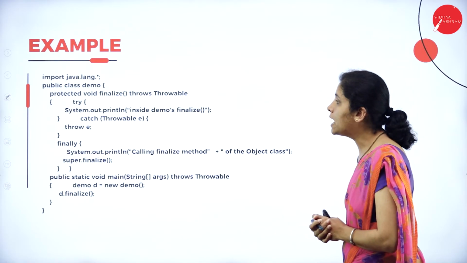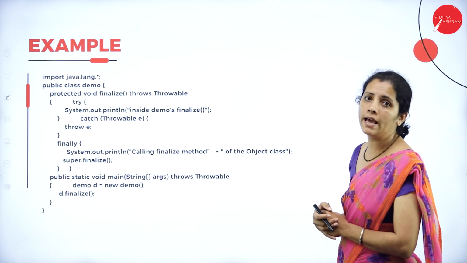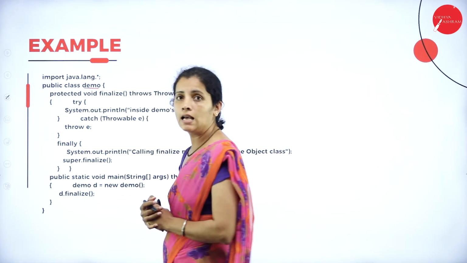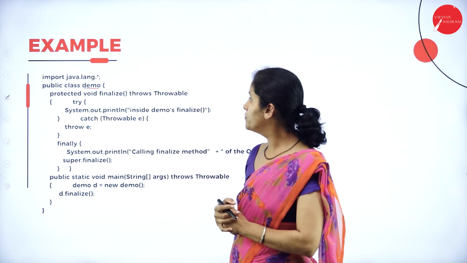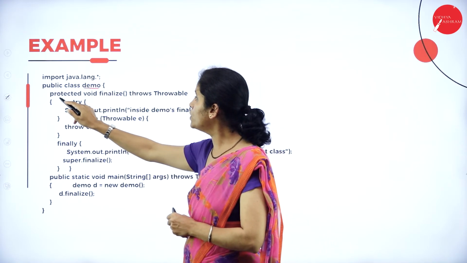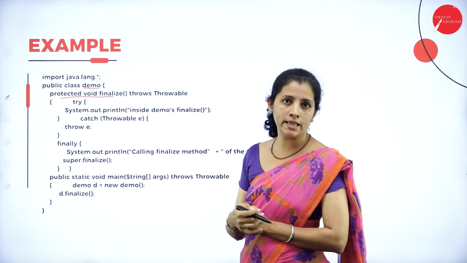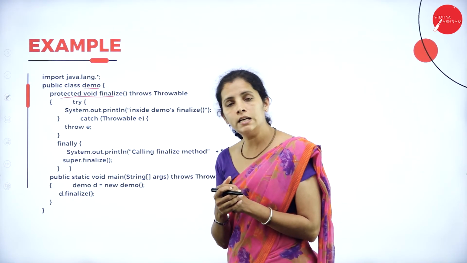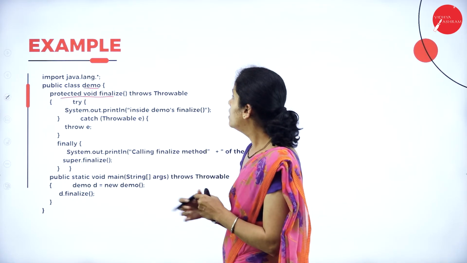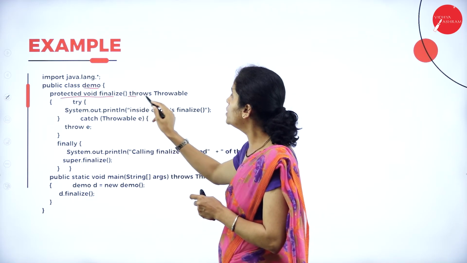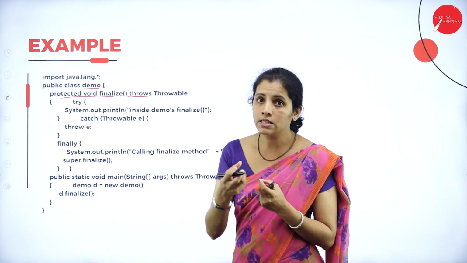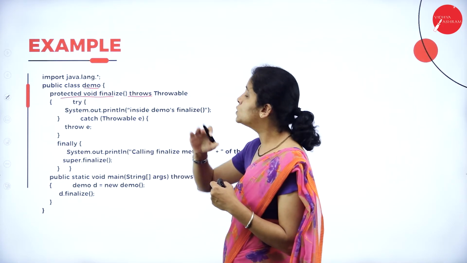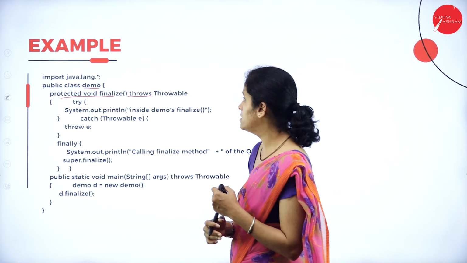Now, dear student, I'm going to have a simple example program. So here, what is my class name? That is Demo. Inside that, I'm going to have the finalize method, and this is used to perform all the cleanup procedure. Now, see here, I'm going to have the exception handling mechanism, and it is responsible for throwing some exception.